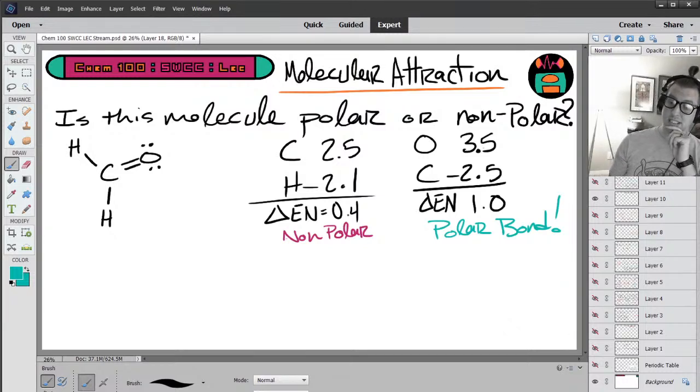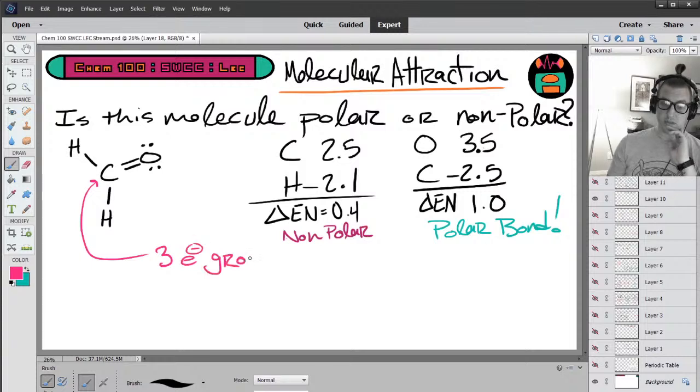The question is, is our molecule symmetric or is it asymmetric? When you look at carbon, we have 3 electron groups, right? Hydrogen, hydrogen, and oxygen.